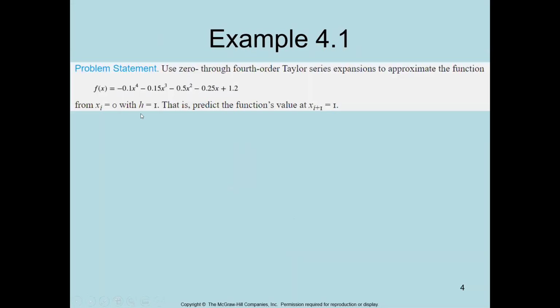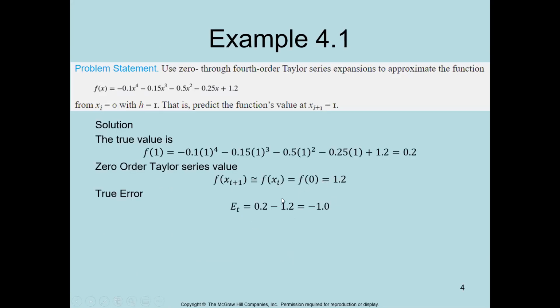The given point is x equal to 0. At that point, the value of the function is 1.2, because if we put 0 in all the terms, the only value remaining is 1.2. So our zero order Taylor series approximation will be 1.2.